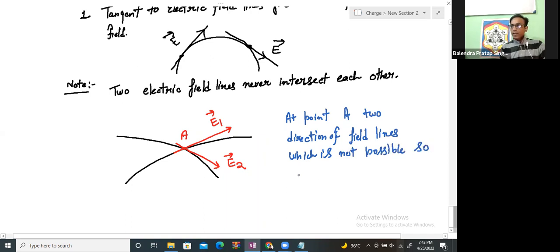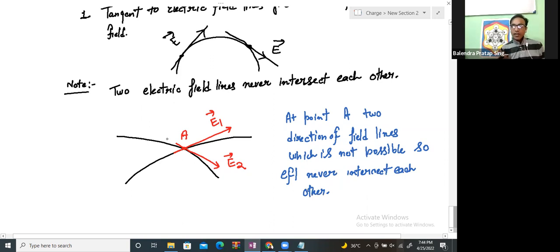So electric field lines never intersect each other. Is it clear, or do you have any doubt?